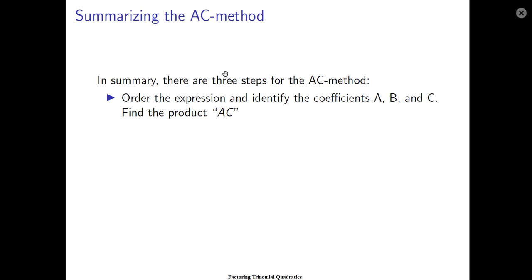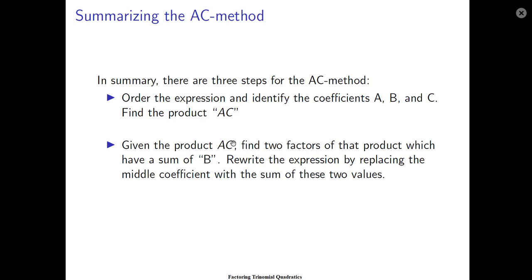In summary, when we're using the AC method, the first step is always to order your expressions and then identify your coefficients A, B, and C. You will then find the product A times C. You want to find two factors of that product which have a sum of B. Once you find those, you'll rewrite the original expression by replacing the middle coefficient with the sum of those two factors.